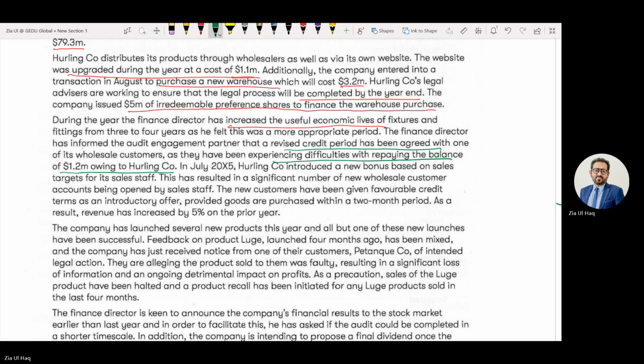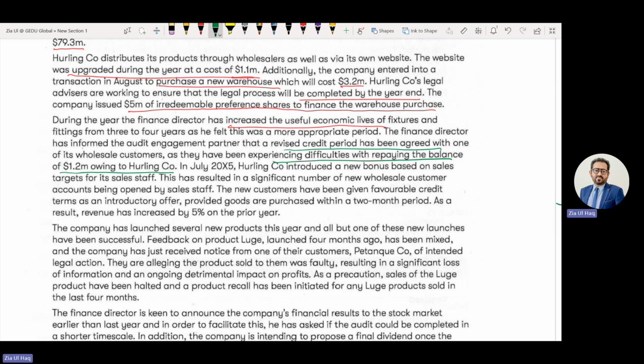Relating to that customer, there is a receivable of 1.2 million, and that customer is finding difficulties in paying the amount.